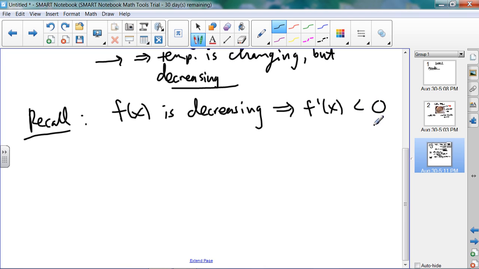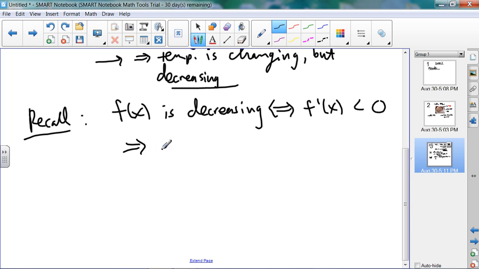So we can use this here. We're going to invert that, and we're going to add the if and only if. So we're going to say if the derivative is less than 0, then the function is decreasing. This is true in all but a few cases that we're not really going to need for our example. So we know for sure that in our case, since our temperature is changing and decreasing, we can model that mathematically with the derivative being negative.